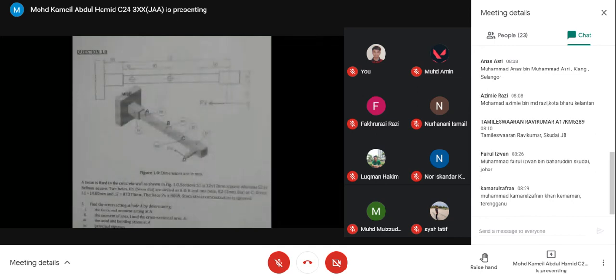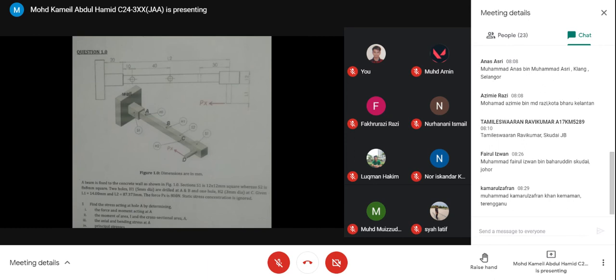2 holes H1 are drilled at A and B, and 1 hole H2 at C. Given L1, okay, tengok yang atas belah tu, dia punya top view. L1 is given 14 mm.